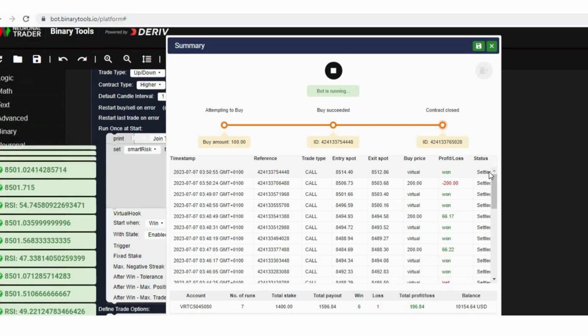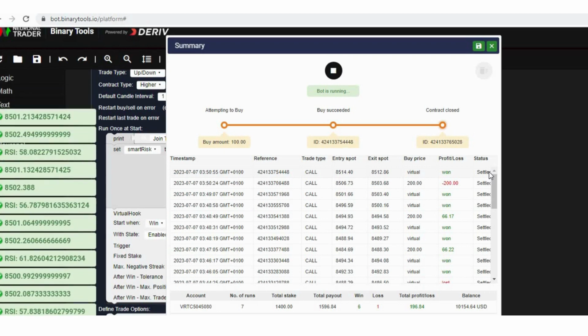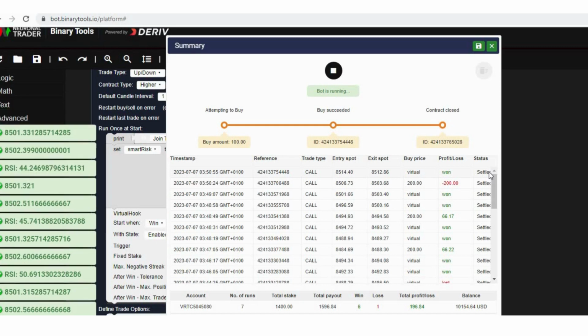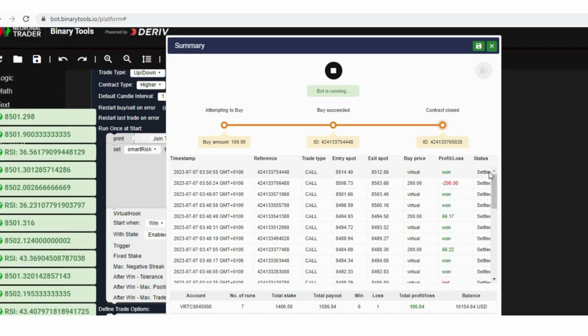Let's say per stake, if you have a $100 account, you can stake maybe $1 for this particular strategy. You can start with a stake of maybe $10. For each stake in this strategy you have a profit of more or less 30-something percent, maybe 33%.